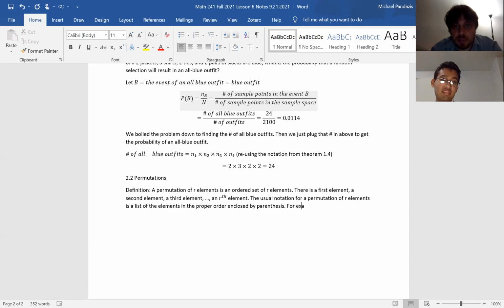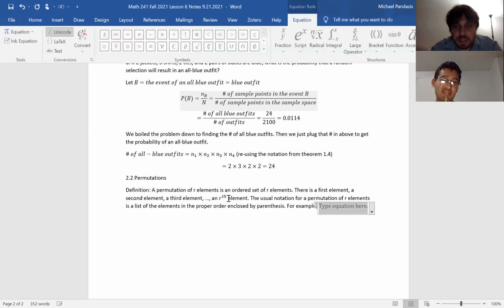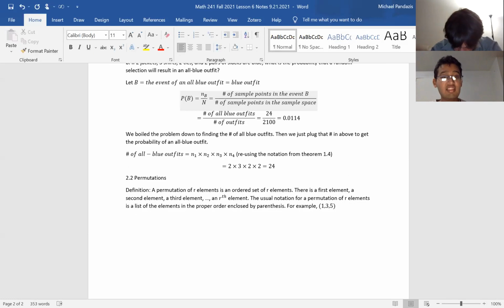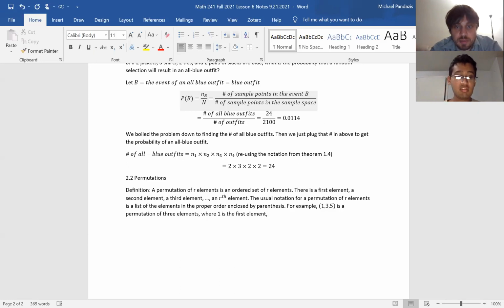Okay, so for example, the ordered triple (1, 3, 5) in the parentheses is a permutation of 3 elements, where 1 is the first element, 3 is the second element, and 5 is the third element.